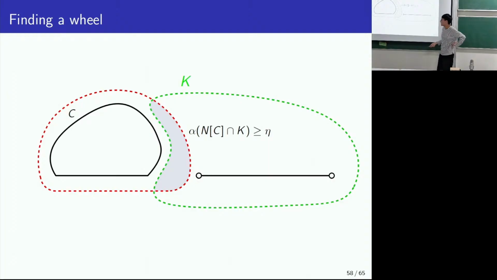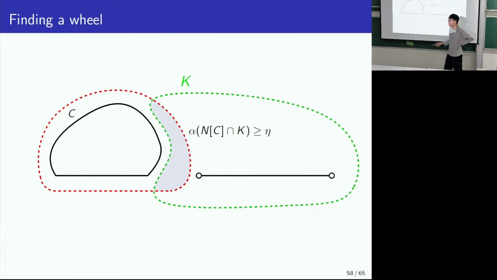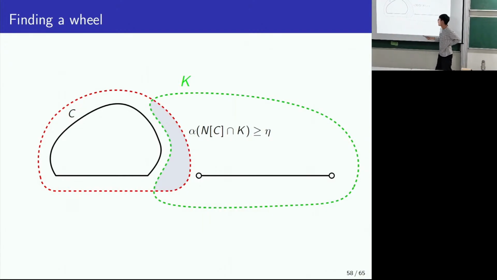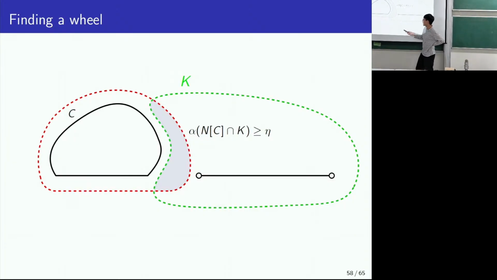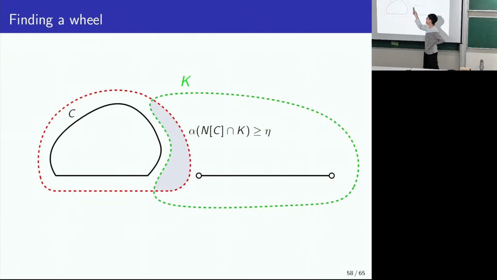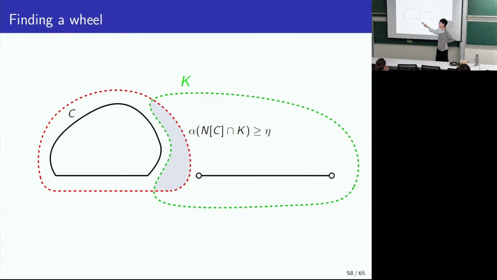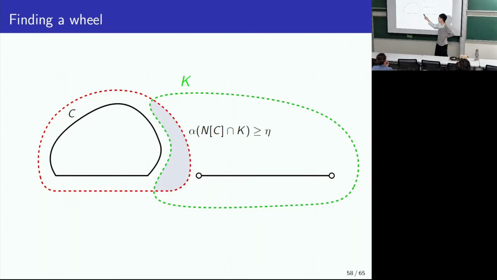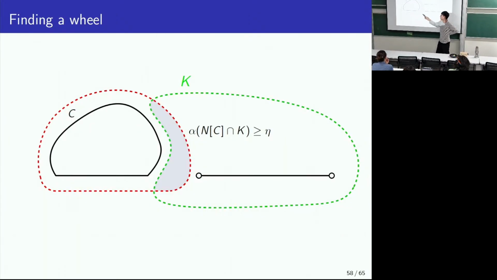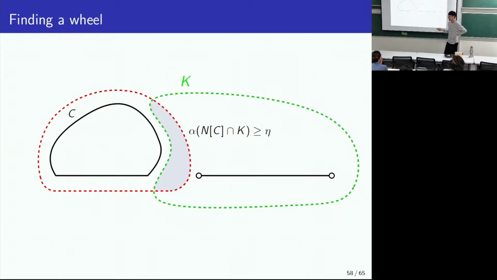Okay, then let's look at this component K of G minus C. This is the component that contains these paths after we remove this cycle, and look at the neighbor of this cycle intersected with this component K. This is the separator between the neighbor of this cycle and the neighbor of this path, which means that it has a large independence number.